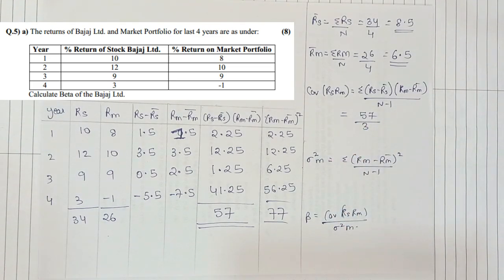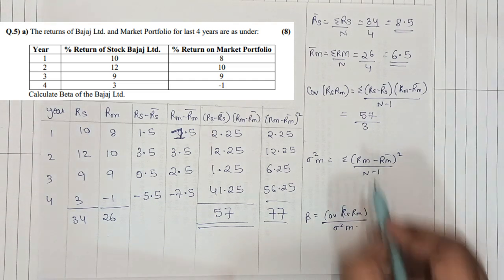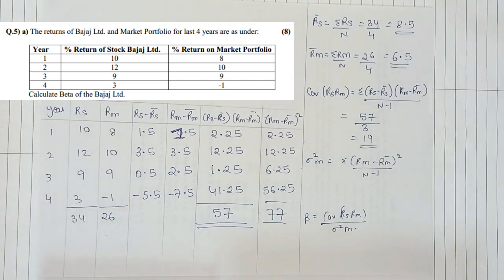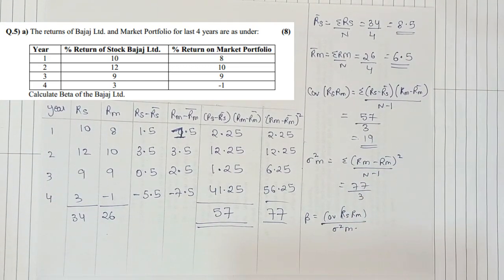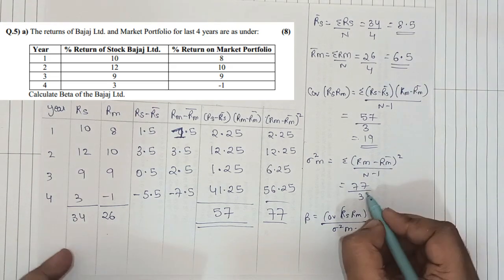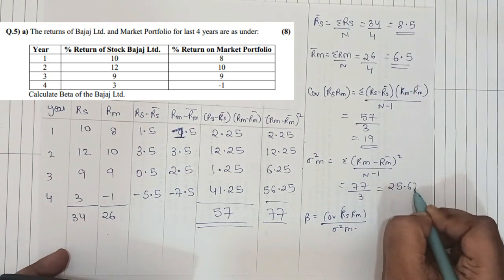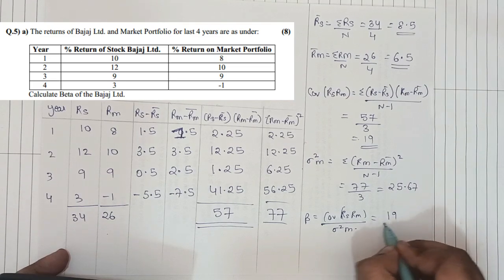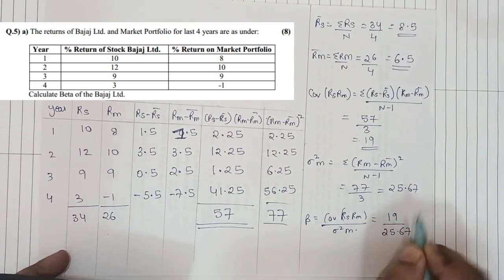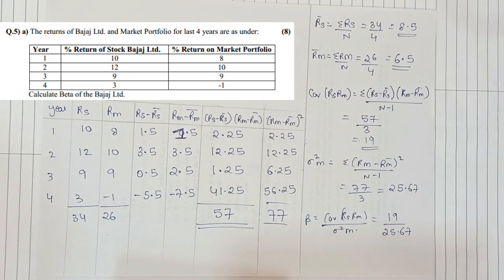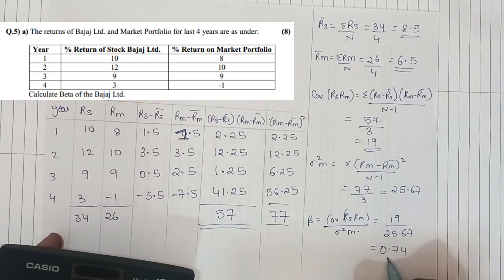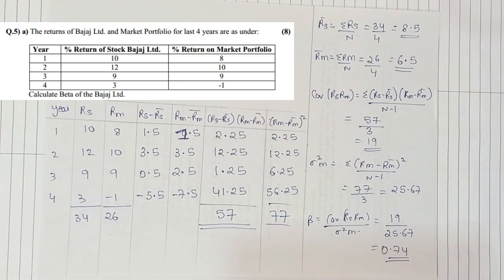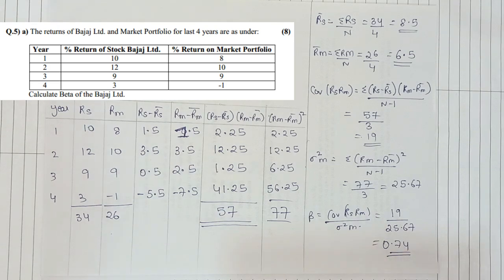So 57 divided by 3, we get 19. And second is 77 divided by 3, that is 25.67. Lastly, 19 divided by 25.67, we get the value as 0.74. So that's the beta. Okay, so this is how you have to calculate the value of beta.